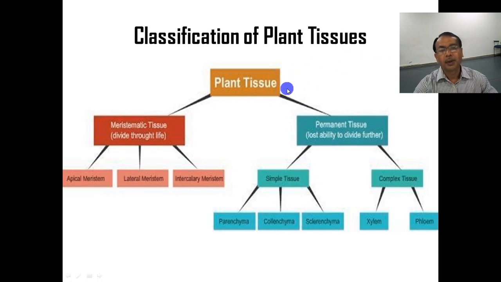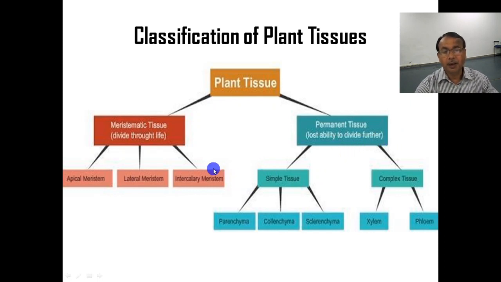Plant tissues could be broadly divided into two groups: meristematic tissue that divides throughout life, and permanent tissues that have lost the ability to divide further. They will lose the ability to divide further and will be assigned with some permanent functions.